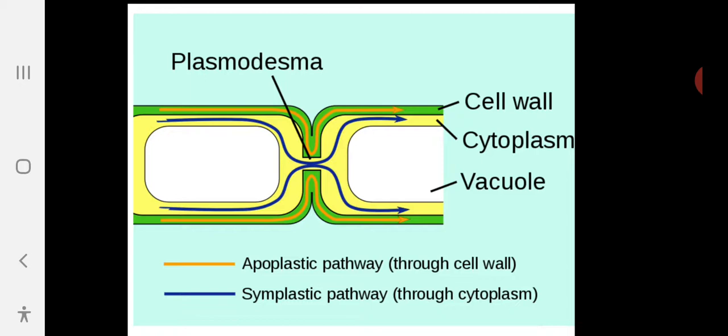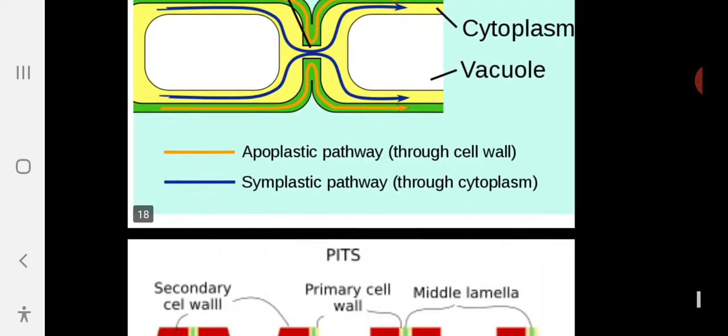The rigid cell wall constitutes the apoplast way, through which also a major portion of the water can be transported throughout the plant body. So this is known as plasmodesmata. The inner white portion is called the vacuole. Plant cells usually contain a large vacuole compared to animal cells, right?